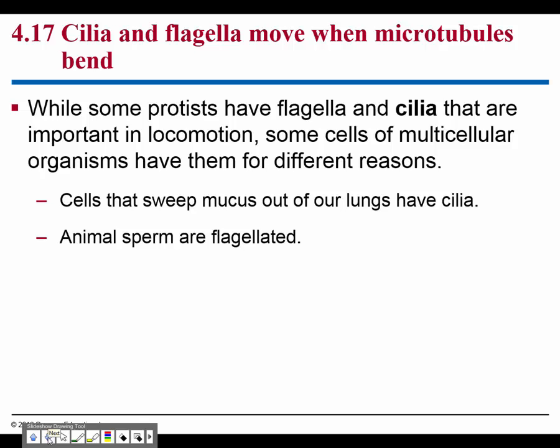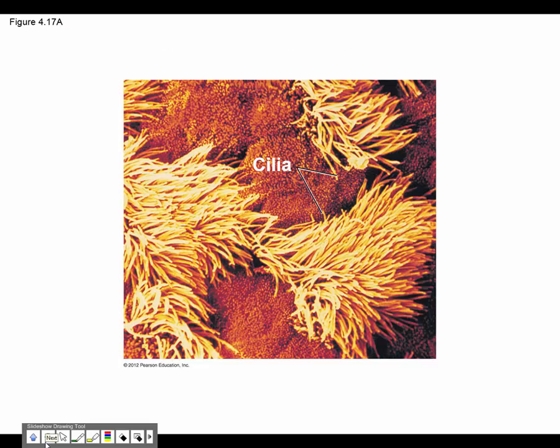So some protists have flagella and cilia that they use in locomotion. Even cells of multicellular organisms have them for different reasons. Cells that sweep mucus out of our lungs have cilia, and animal sperm have flagella.